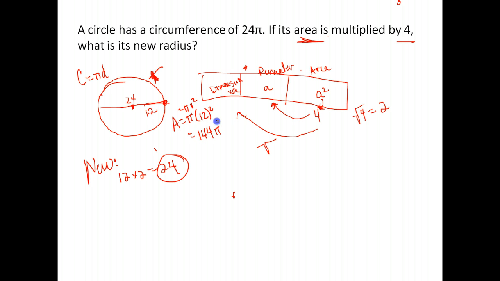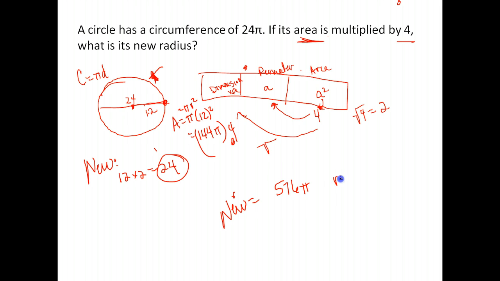If that area were multiplied by 4, that would tell me my new area. This is a second way you can do this problem. My new area would be 576 pi.